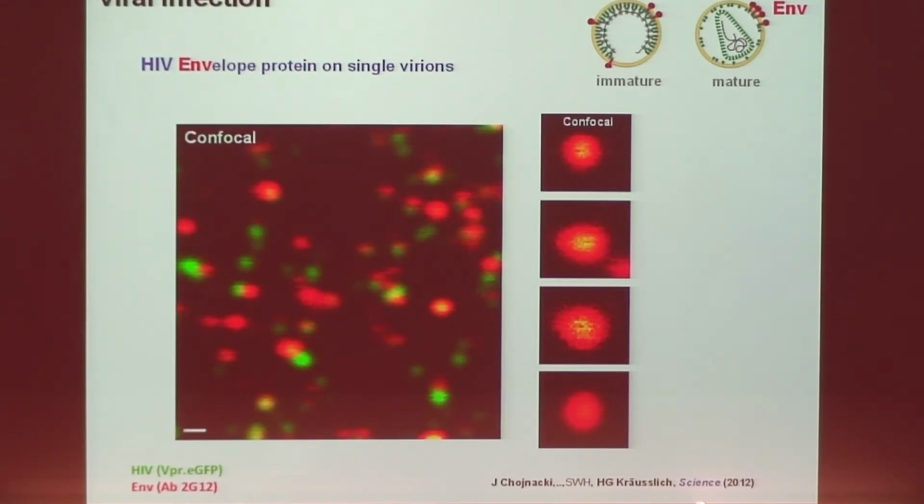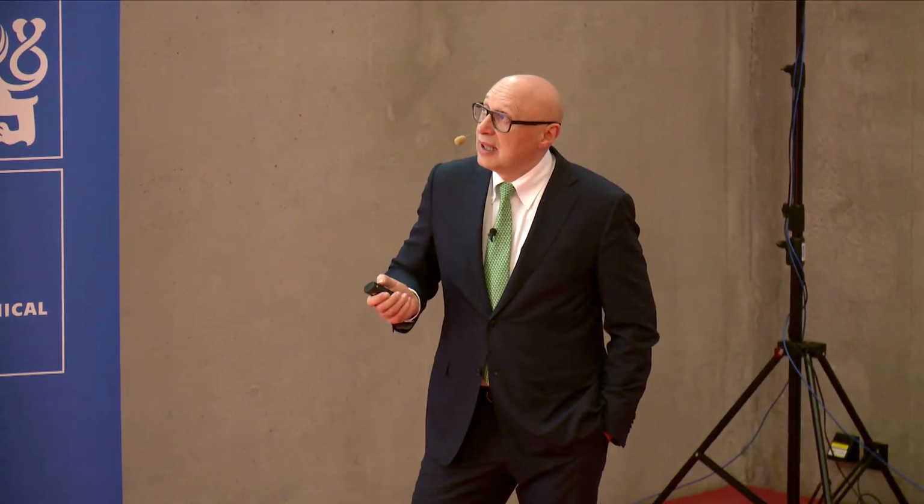It's called ENF, and those are very important because they are responsible for connecting the HIV particle to the next cell and infecting that cell. Normally you don't see anything here, because the virus is much smaller than the resolution barrier.